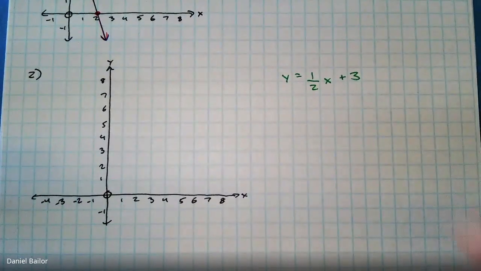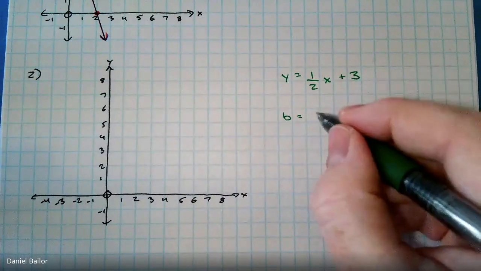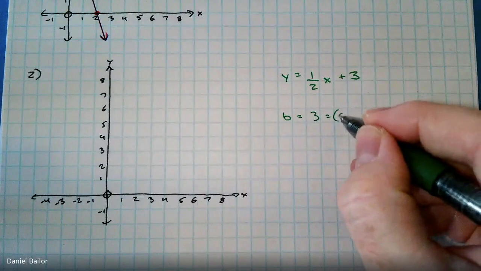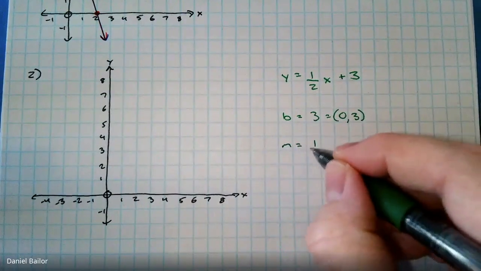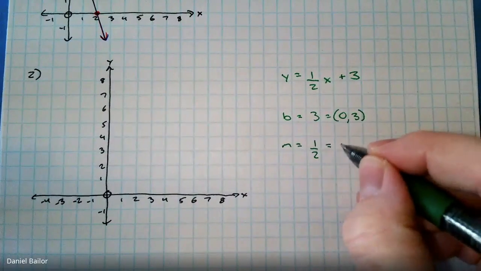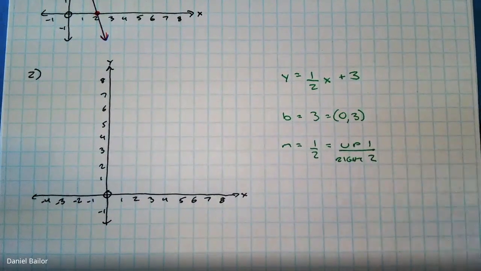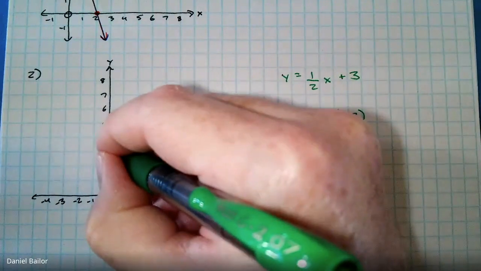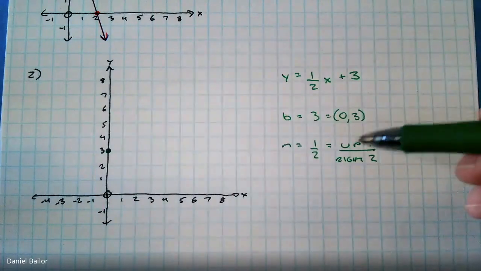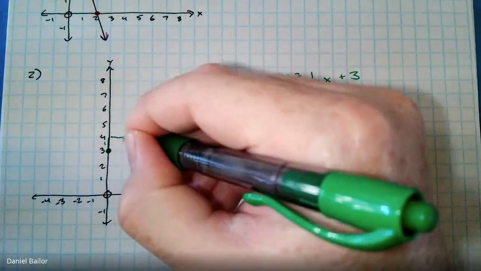To graph this, I need to know the y-intercept. So b is 3, which means the intercept point is 0, 3. M is 1/2, which means I go up 1, right 2. So that's my slope rule. So let's start with the y-intercept at 0, 3. That's the y-intercept right there. Slope rule, up 1, right 2.